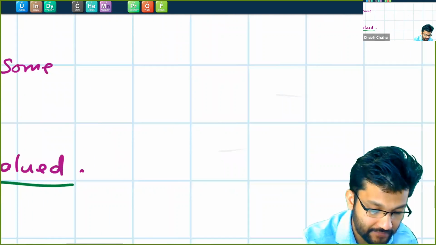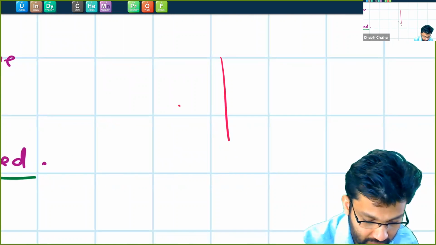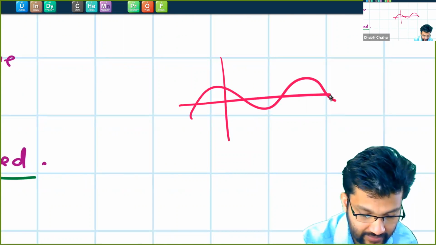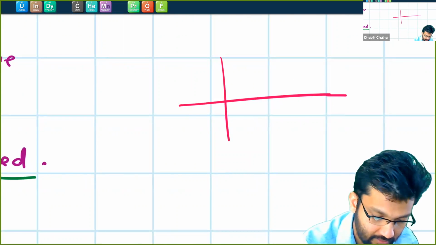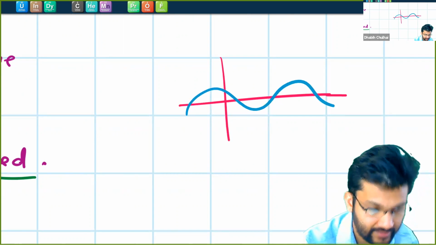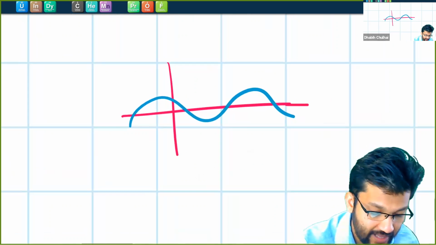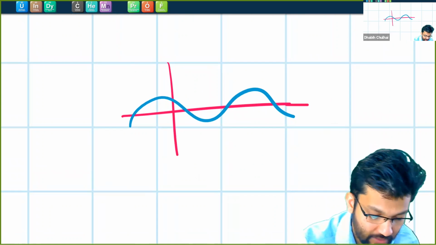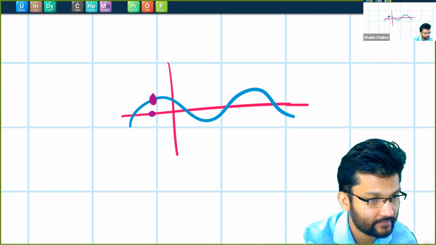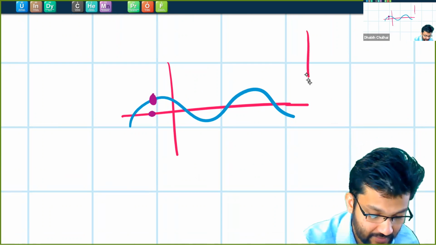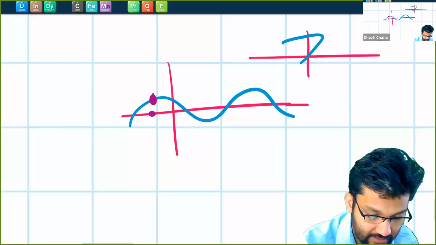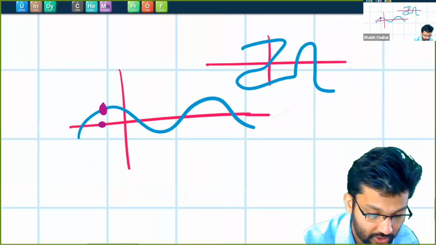Well, if you have a function, kind of like that. Let's use a different color, like that. Single valued means for every one value of x, there's only one value of y. That's what single valued means. If you had a different function, let's say something like this, that's not true, right?